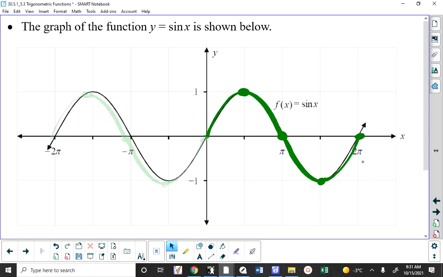It repeats there over 2 pi. Let me fix that a bit. It will repeat here over another 2 pi. The distance it takes to do the up, down, up is 2 pi.